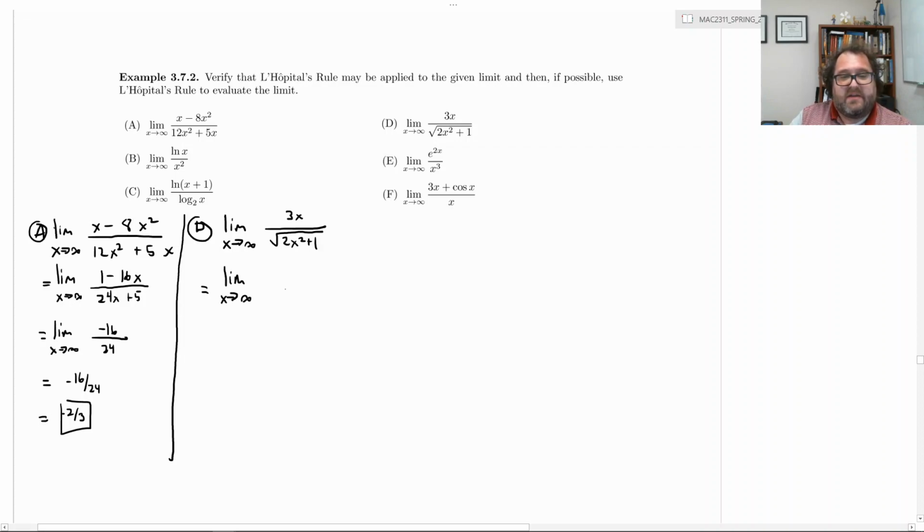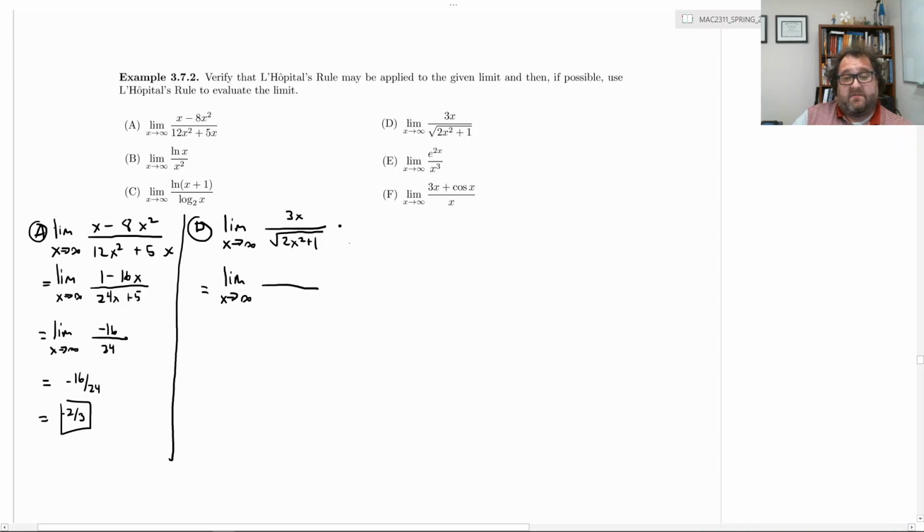So, limit as x goes to infinity. Actually, let's do that up here. Then we can rewrite on the next line. On example A, when I did the chapter 1 way, we divided by the highest power of x in the denominator. So I want to divide by x squared, but that x squared is under a radical.